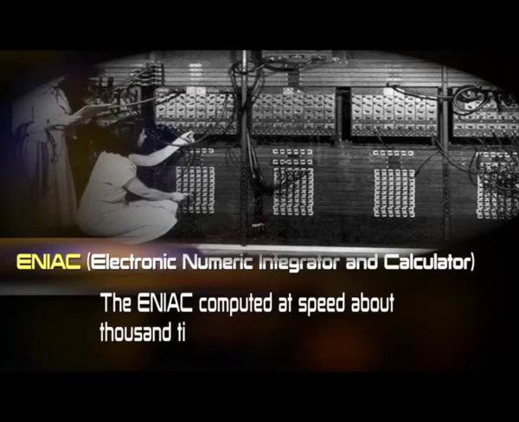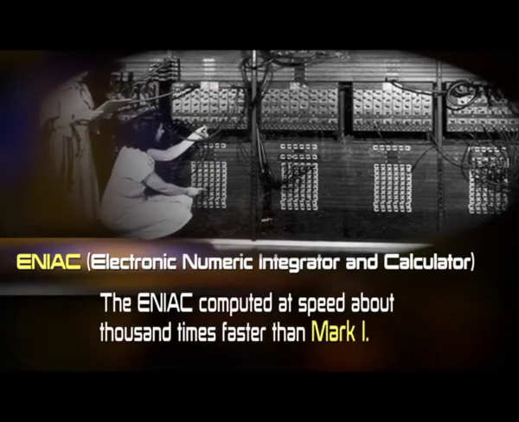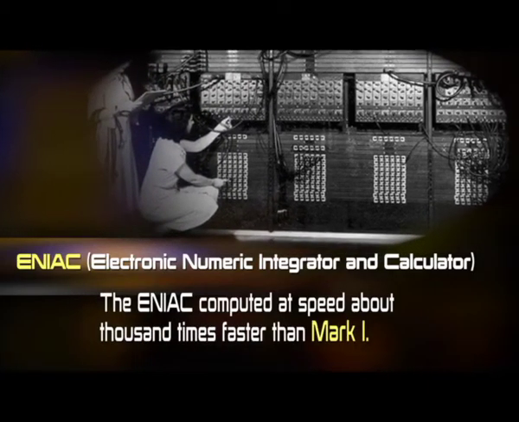The ENIAC computed at speed about 1000 times faster than Mark I. However, it could store and manipulate only a limited amount of data. Program modifications and detecting errors were also difficult.